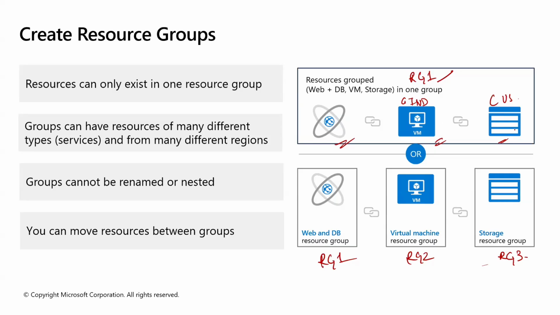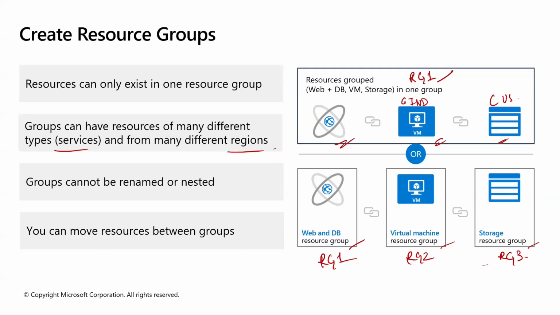Wherever that resource is, it can be put inside the resource group. Very simple. Or it can also happen that there are resources in Central India, in US, in West US, anything. So both options are available. Resource groups can have resources of many different types, meaning many different services, and from many different regions.